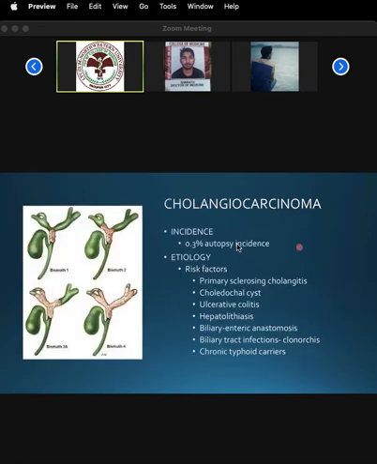Now, cholangiocarcinoma's incidence is about 0.3% of all patients who have undergone autopsy, and it accounts for 1 out of 100,000 cases in the United States.